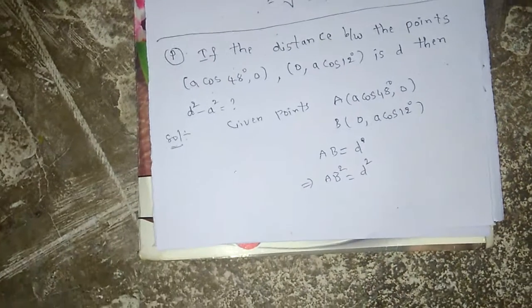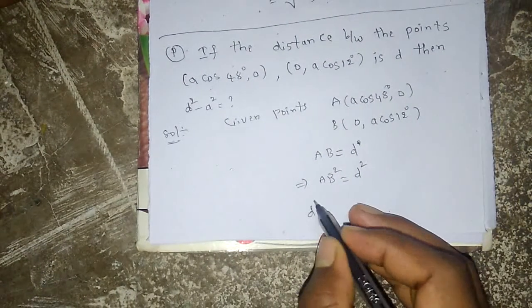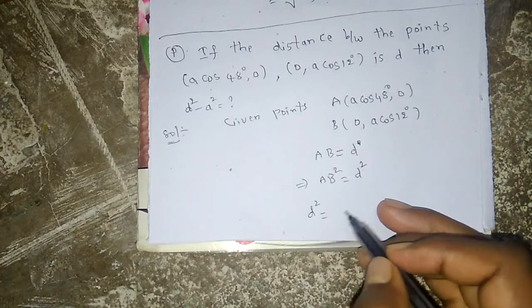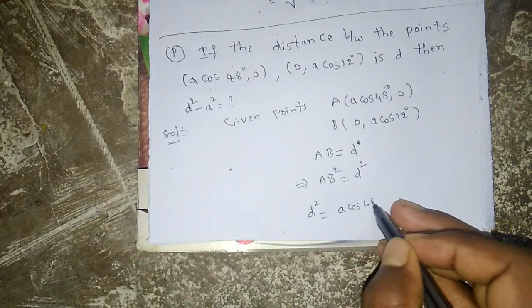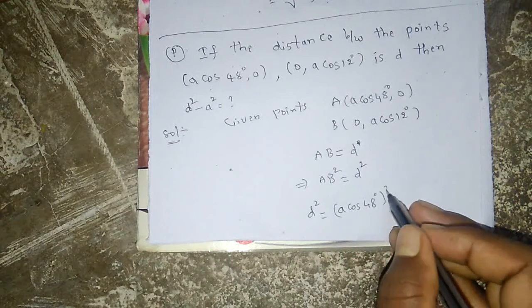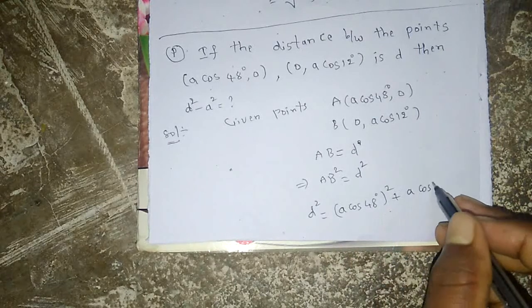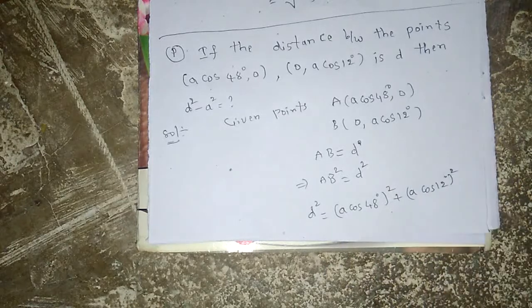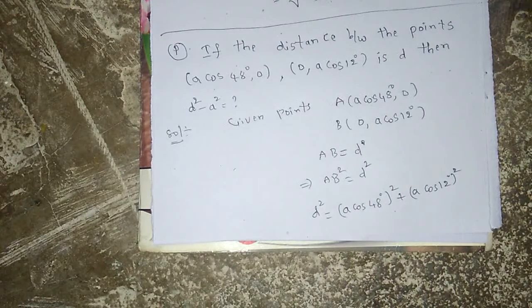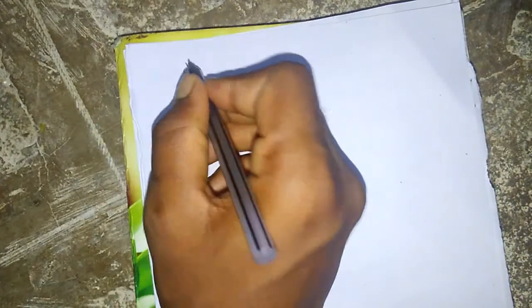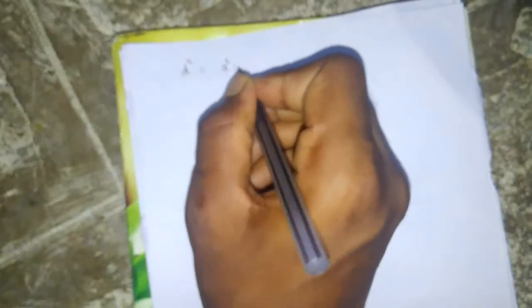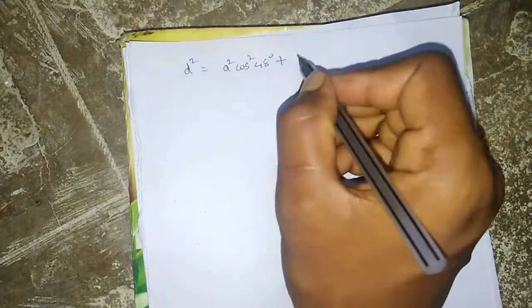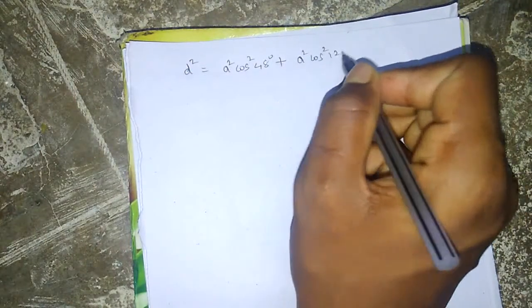Now d square is equal to AB square, the distance between A and B, that is (a cos 48) whole square plus (a cos 12) whole square. That is equal to a square cos square 48 plus a square cos square 12 degrees.